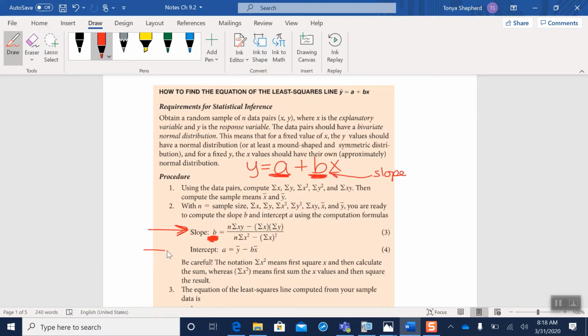And then we have a formula to determine the y-intercept, which in statistics is letter a. So again, the information that we use to calculate these two values is the same information from the table that we learned to create in section 9.1.